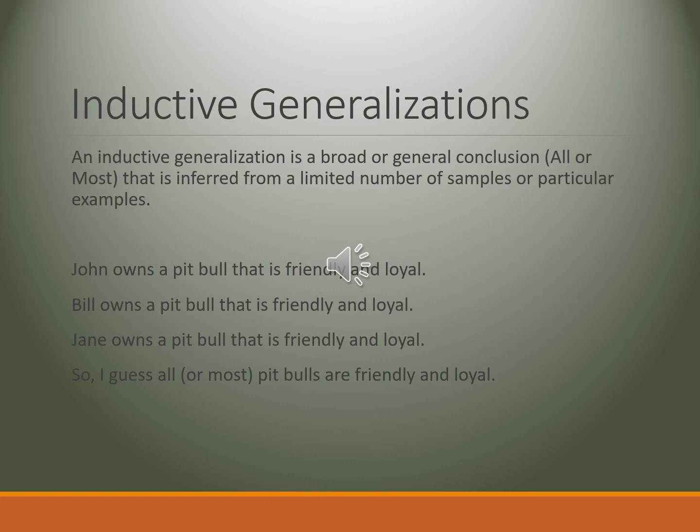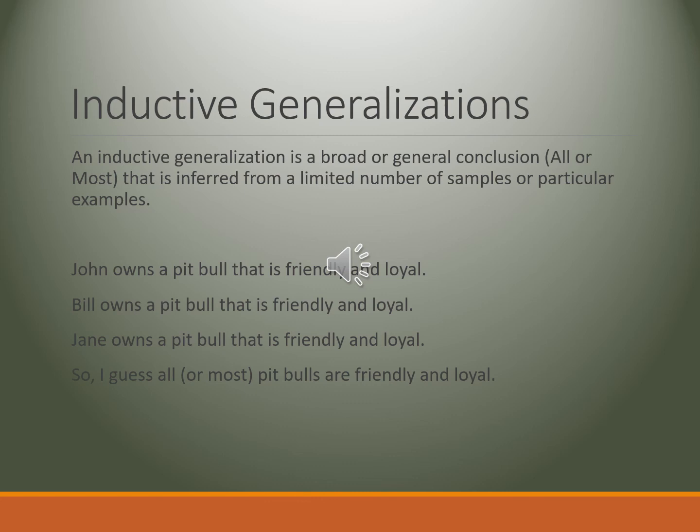For example, John owns a pit bull that is friendly and loyal. Bill owns a pit bull that is friendly and loyal. Jane owns a pit bull that is friendly and loyal. So here we have three individual cases of pit bull owners that have dogs with certain characteristics. From these three individual cases, we generalize and we conclude, therefore, all or most pit bulls are friendly and loyal.